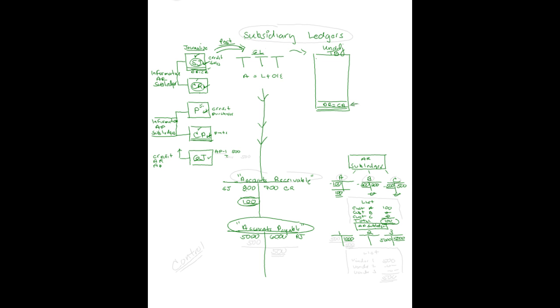So you record the return, and at the end of the month, accounts payable would be debited for $500, and inventory would be credited for $500. During the course of the month, you would be posting to your accounts payable subledger, so you would go into your accounts payable subledger and show a return to vendor number 1.